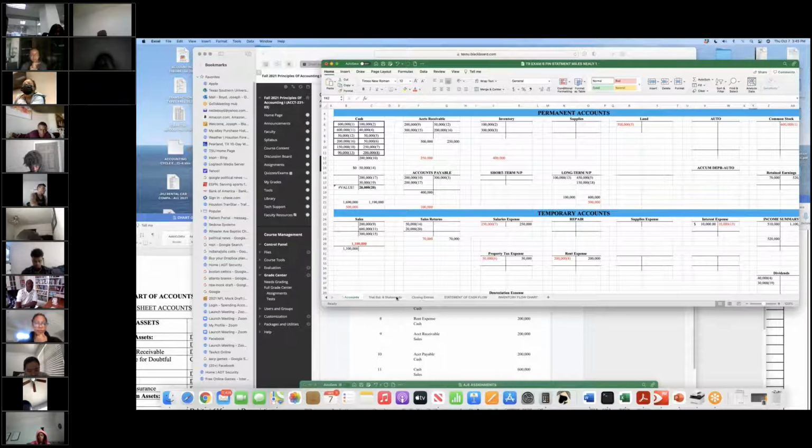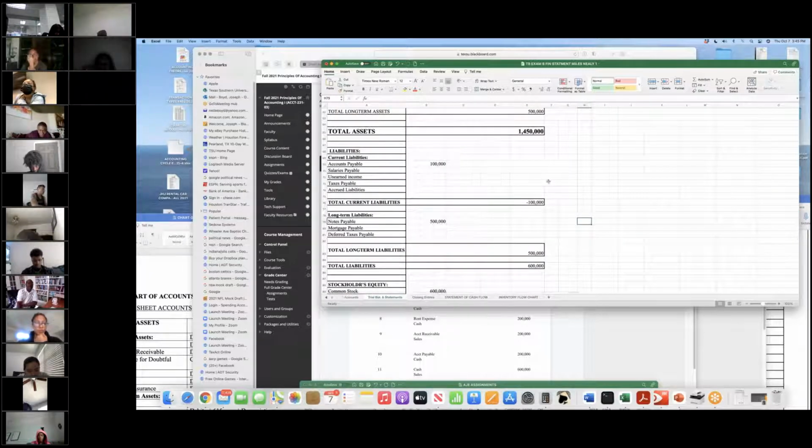So now we come back to that trial balance. They're going to pay us 100,000. So we don't owe 100,000, they're going to pay us 100,000. So it would be negative. Right. Now this number is going to be 400,000. We owe long-term 500, but people owe us 100,000 back.